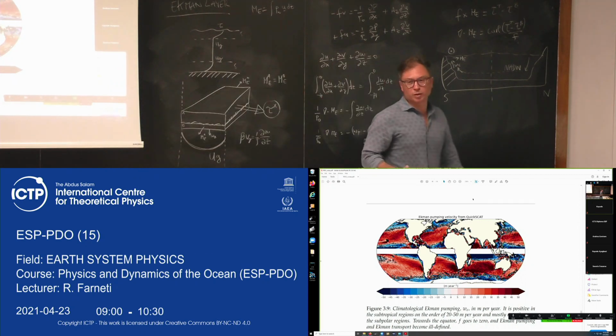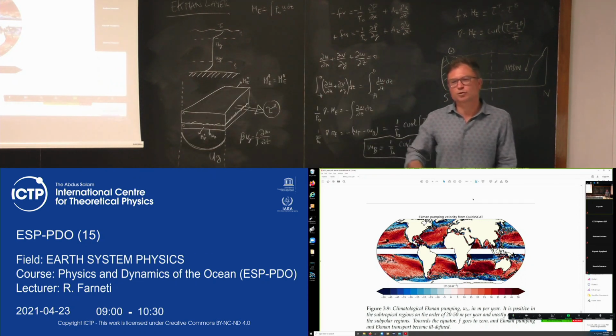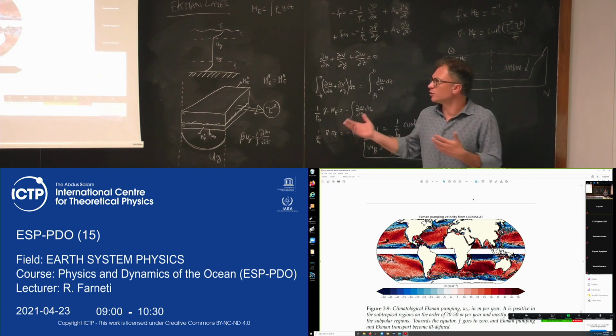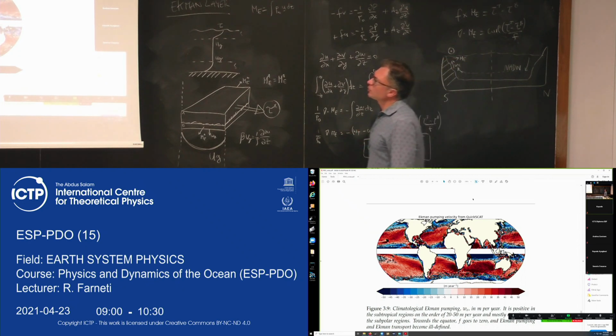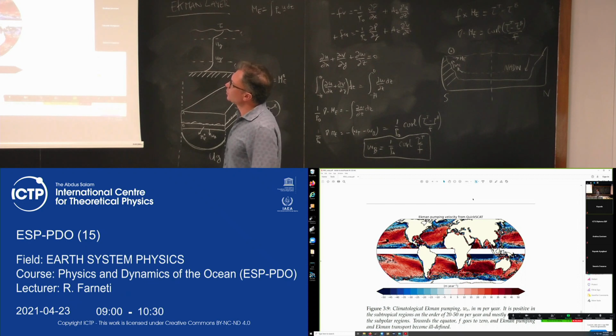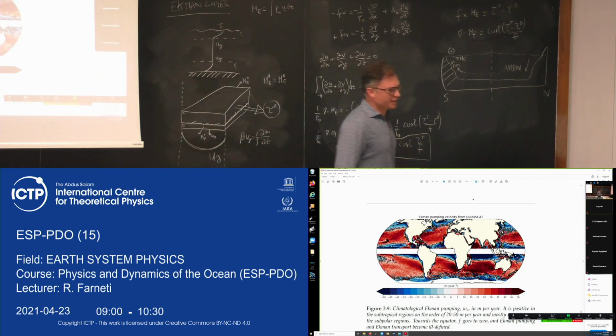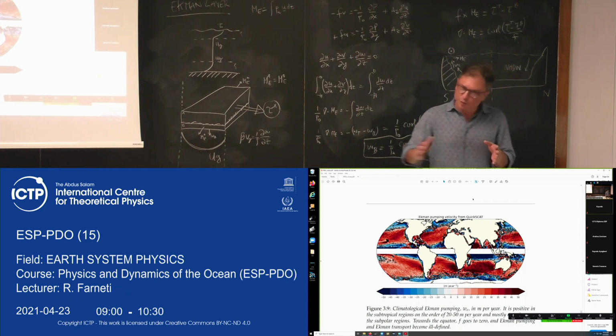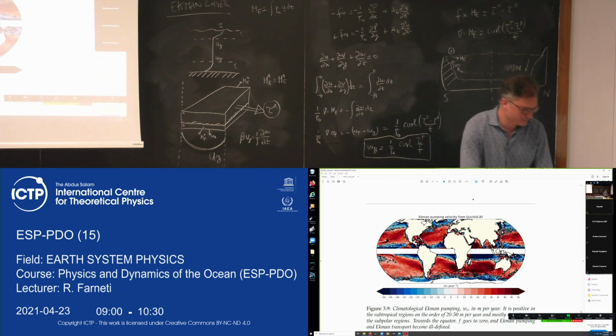Because I had one from a model, but then I thought it's nice to show observations, because I've been showing observations so far. So I wanted to compute the Ekman pumping from the observations. And working with models is so much easier. You have a regular grid, you know the grid size, you have continuous data in space and time. Working with data is a bit more difficult. But I managed. You probably don't care, but I'm happy.